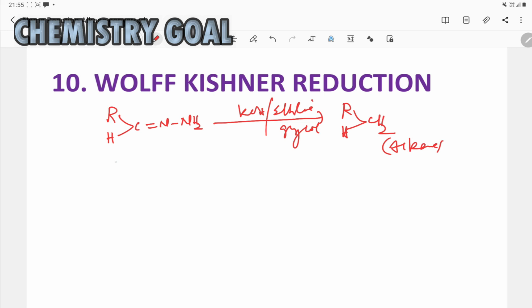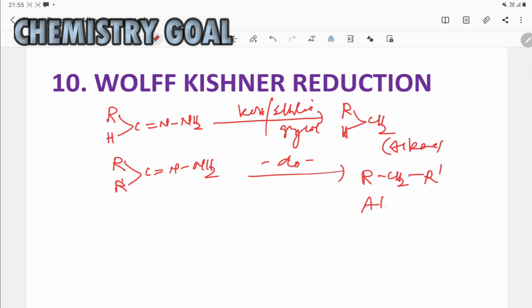Similarly, if you take the hydrazone derivative of ketone, with the same potassium hydroxide and ethylene glycol, the result is also alkane. This reaction is called the Wolff-Kishner reduction.